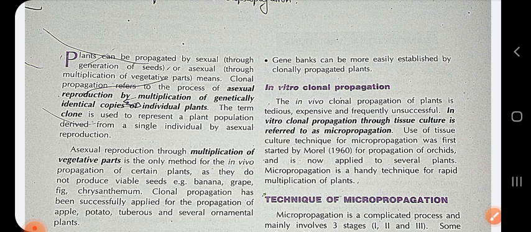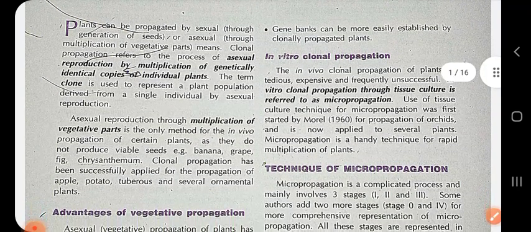Now, this micropropagation, also called clonal propagation, refers to the process of asexual reproduction by multiplication of genetically identical copies of individual plants. So the plants that we get through the micropropagation process will be genetically alike, just like the mother plants from where the explant has been taken.